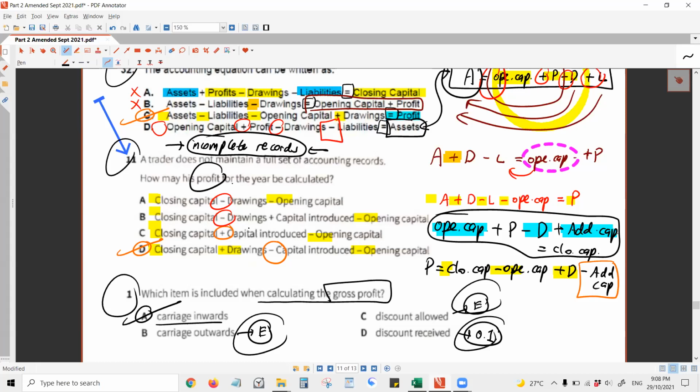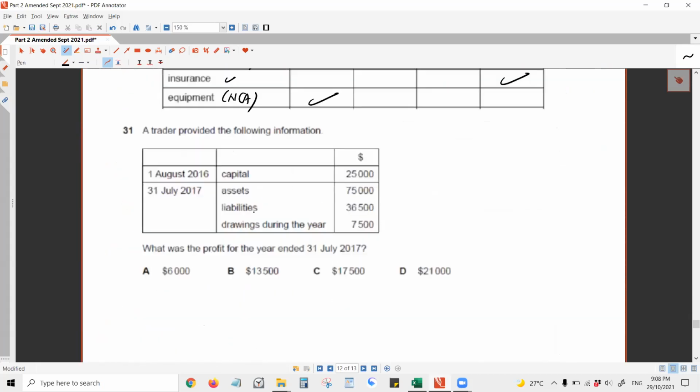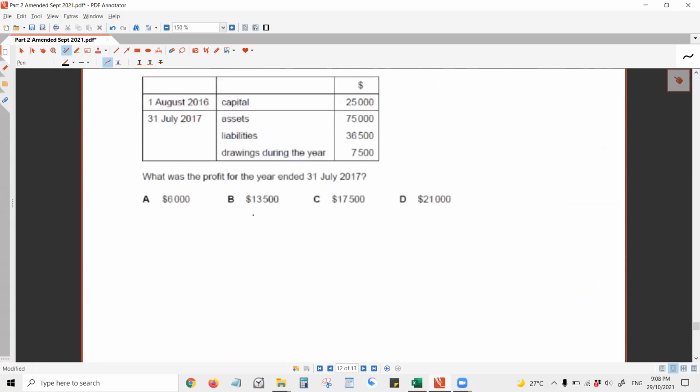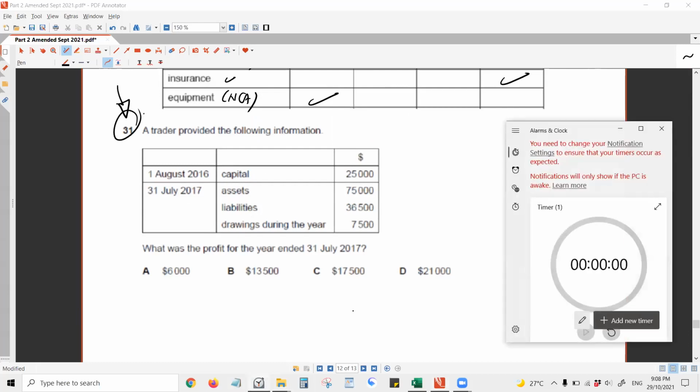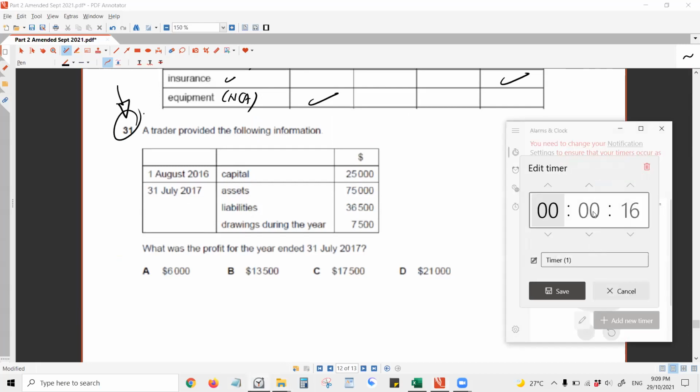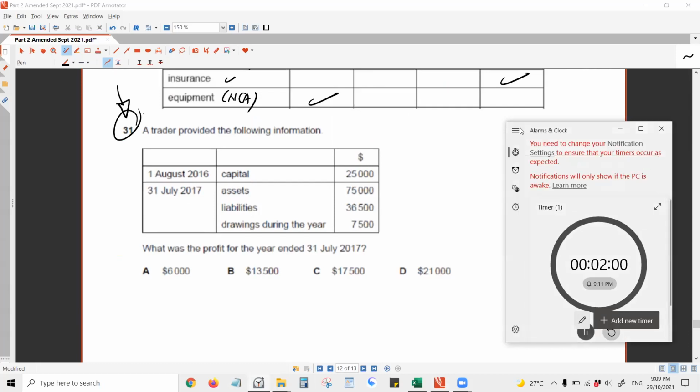I'll let you try one more. Go to the next page. You try question 31. Once you're done, tell me your choice. This time, it should be less challenging to you. I give you the standard 2 minutes. You should have gotten the idea. Okay, I wait for you.